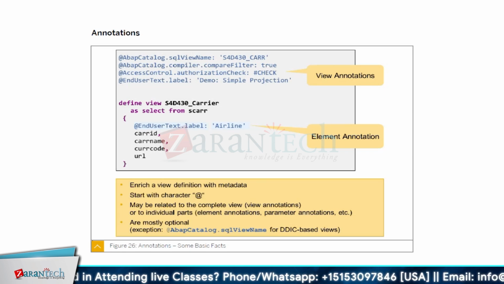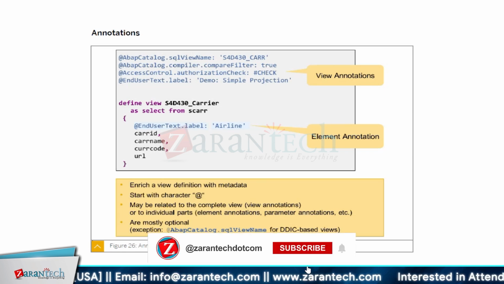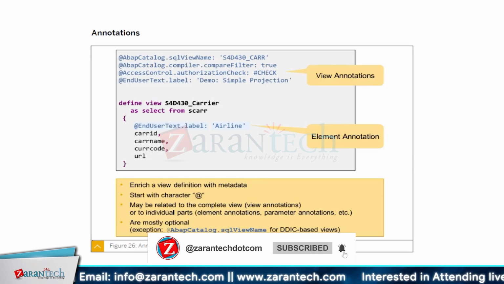Define view name, select from table, and all the field names. And if you look at the example here, there is an annotation I have given: EndUserText.label airline. This is called a field level annotation or element level annotation. That annotation is an additional property which will work for the carrid field.